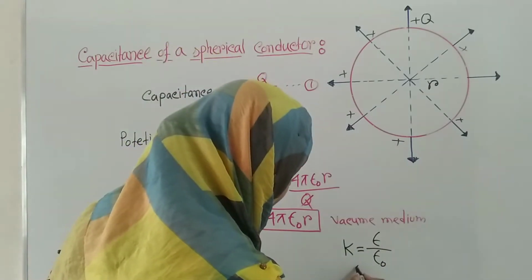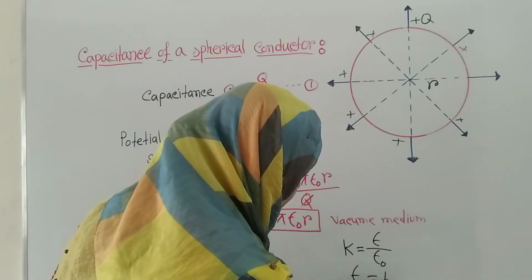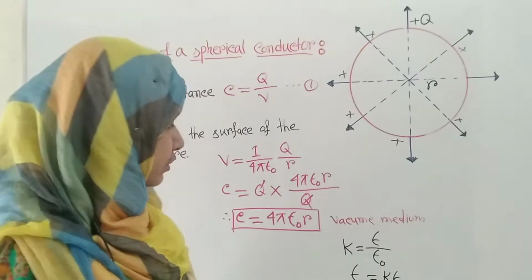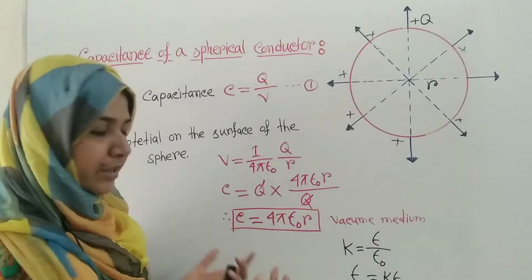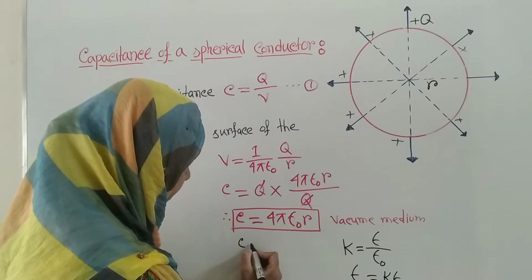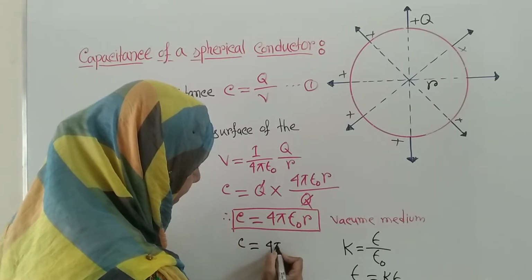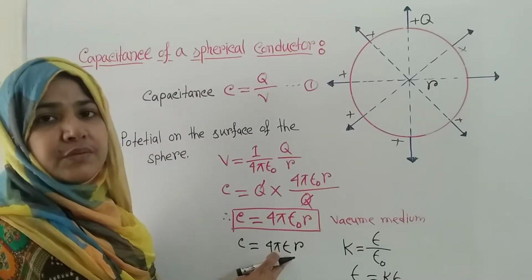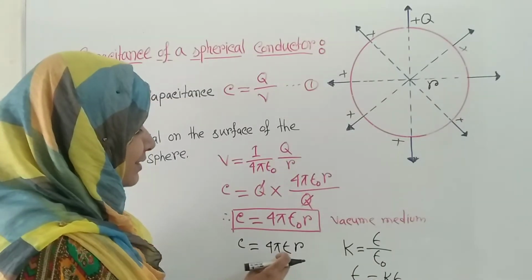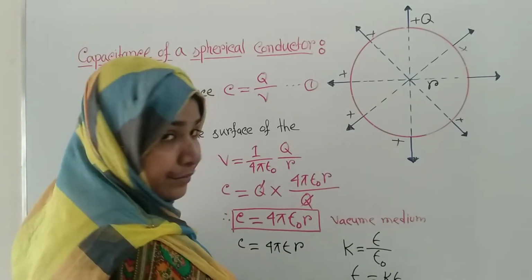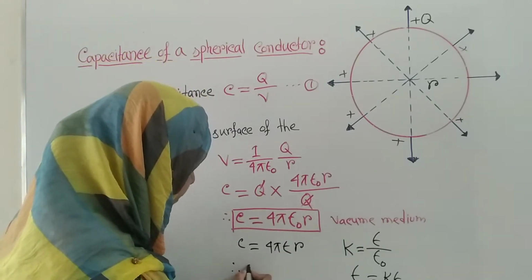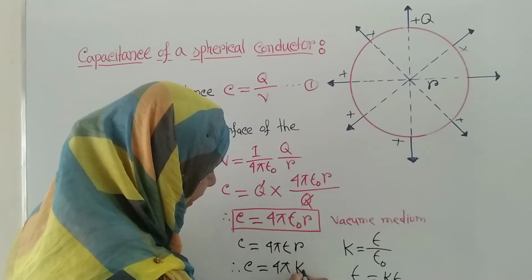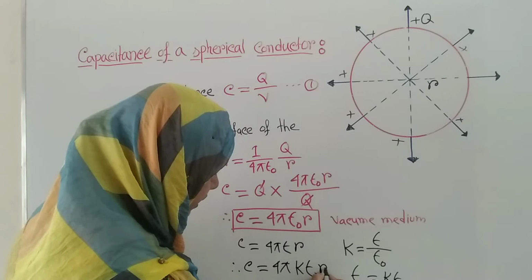So here we get epsilon equal to K epsilon naught. For any other medium, we can write C is equal to 4 pi epsilon R, where epsilon means the permittivity of that medium, and instead of epsilon we can write K epsilon naught. So our final equation will be C is equal to 4 pi K epsilon naught R.